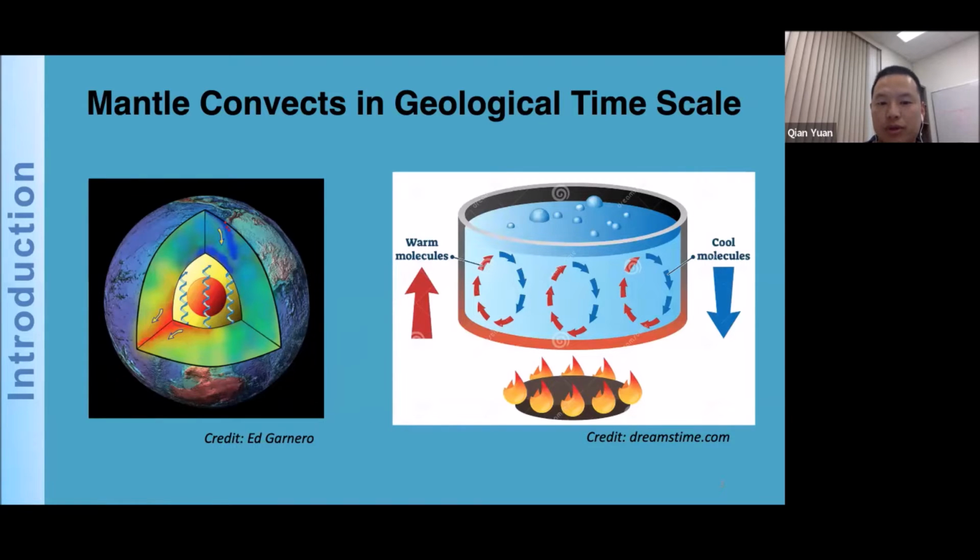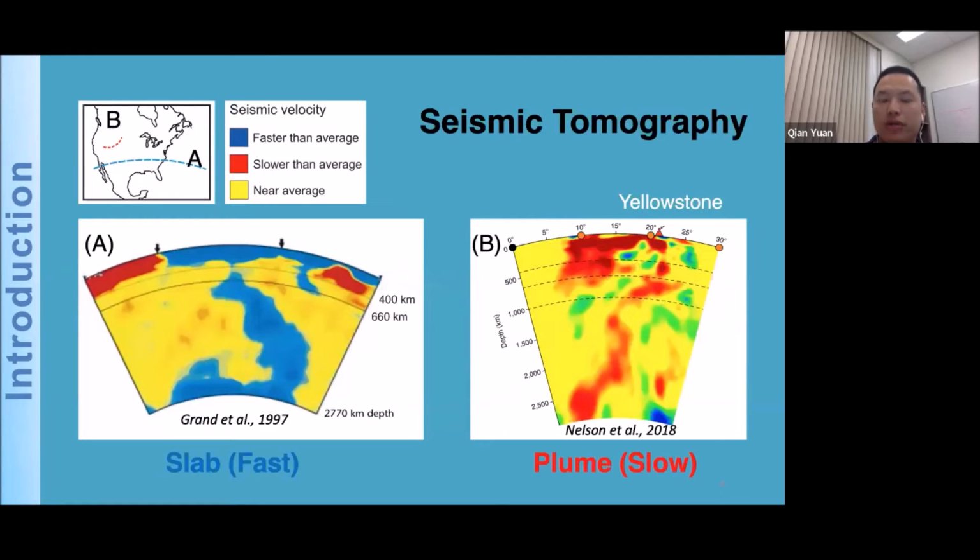Of course, if you want to know more detail of Earth's interior, you need seismic images, particularly seismic tomography. This one is a classical study more than 20 years ago. As you can see, beneath the North American continent, this image shows the cross section.